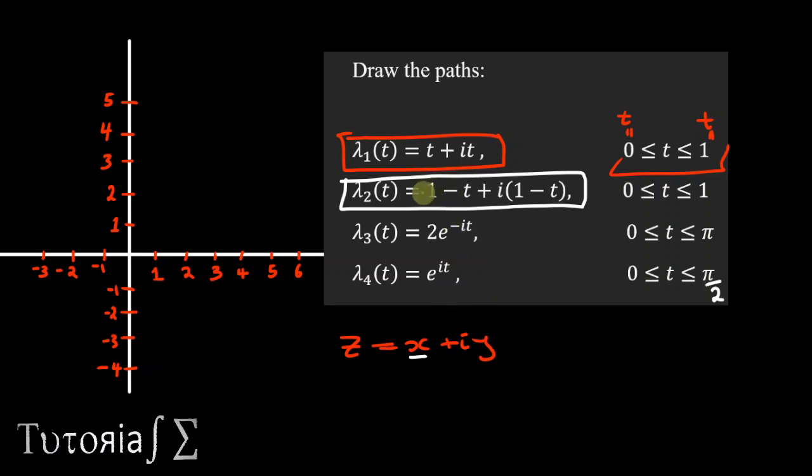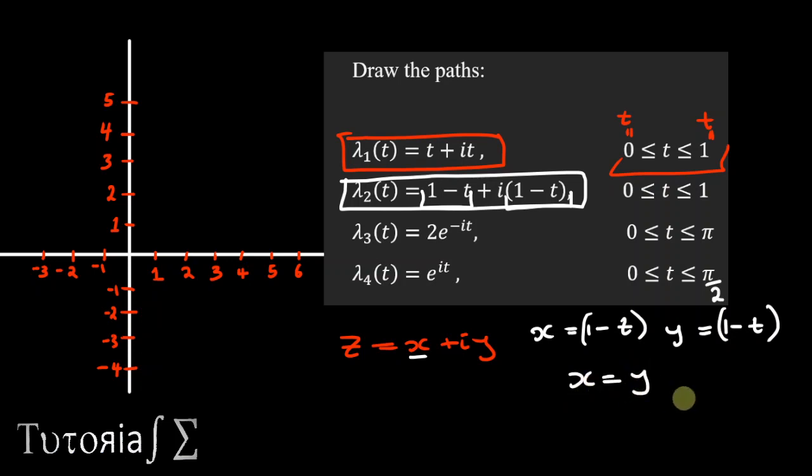So our x is equal to 1 minus t, and our y, the imaginary part, is also equal to 1 minus t. We see that these are the same, so we can just equate them, and again we have the equation x equals y.